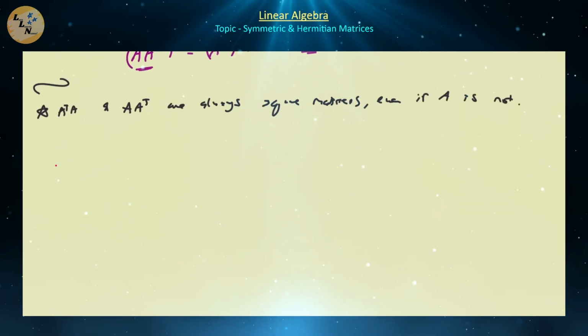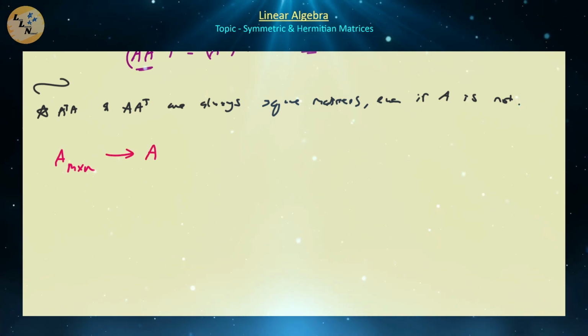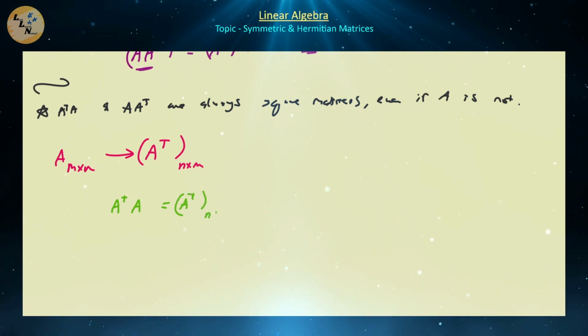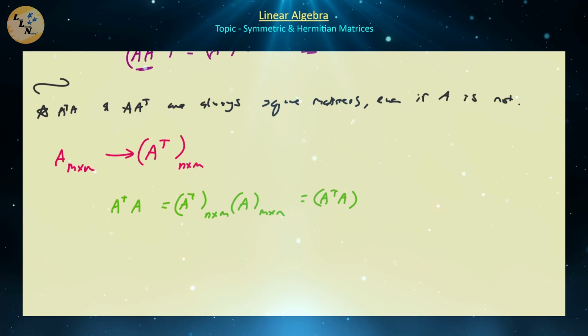So let's assume that A is an M by N matrix. That means the transpose of A is going to be an N by M matrix. So if we look at the product A transpose A, that's going to be equal to an N by M matrix times A, which is an M by N matrix. So that's an N by M times M by N, which is going to be an N by N matrix.